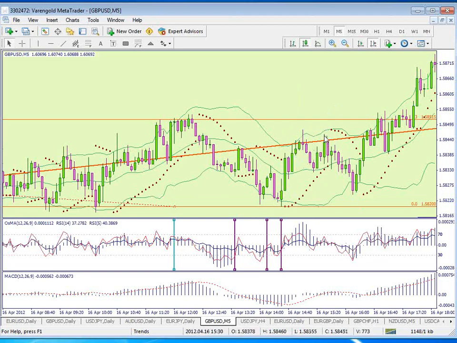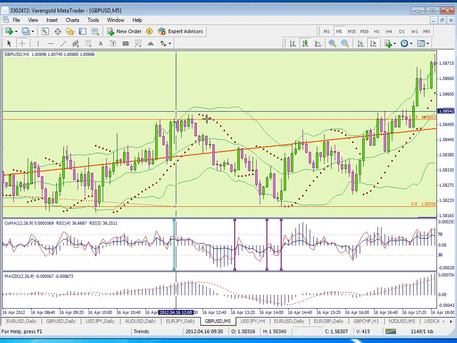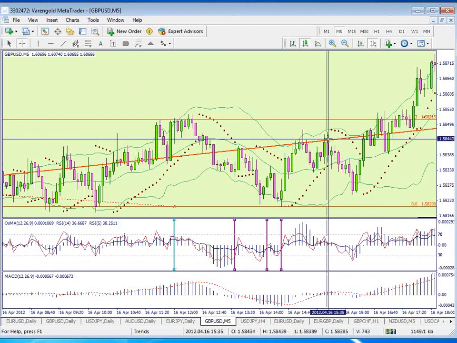Also, if I can see that the pair is reaching the superior Bollinger Band, and I have the signal for sell, I can go into the opposite direction. Here the same, as long as I have also the signal for sell, I can also go into that small downtrend on 5 minutes time frame.